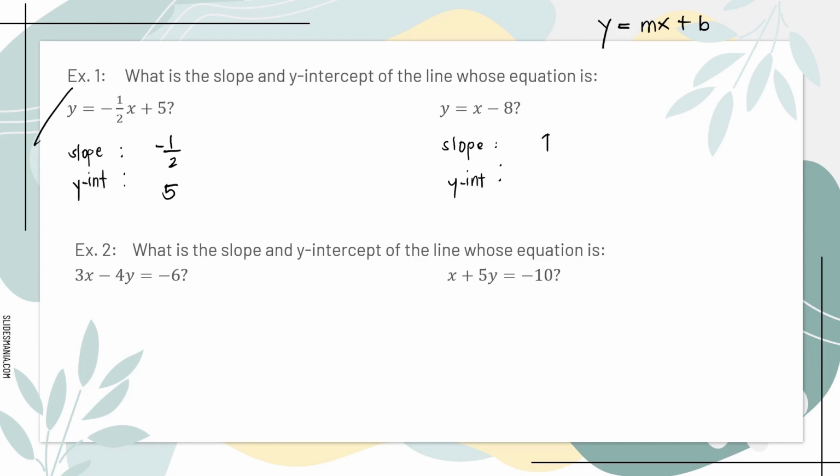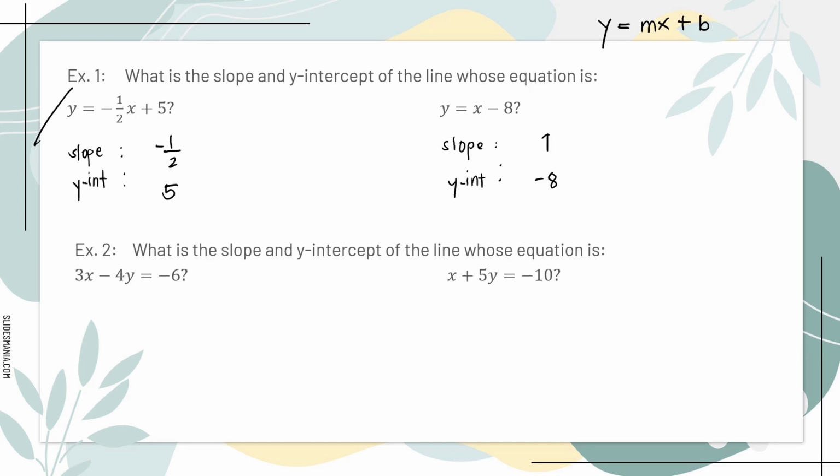It's just that we do not write it anymore, right? If the leading coefficient of a variable is 1, no need for it. But still may 1 pa rin dyan, invisible 1. For your y-intercept, ano yung value ni b mo? We have negative 8. Again, do not forget to include your sign.